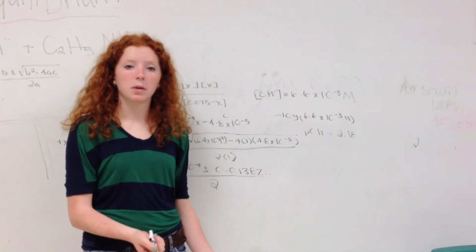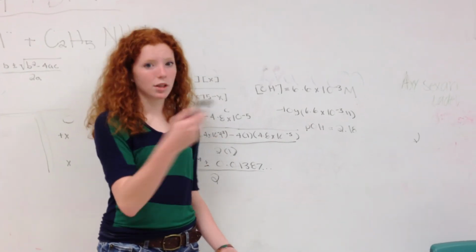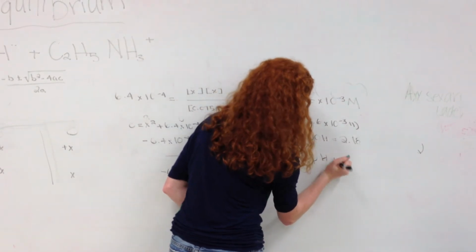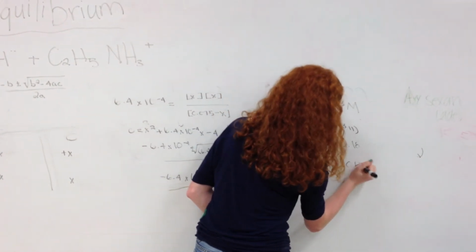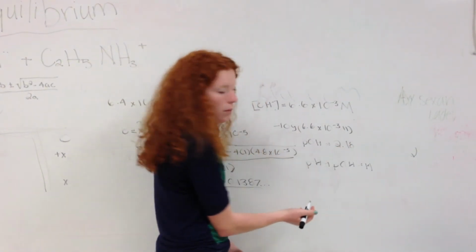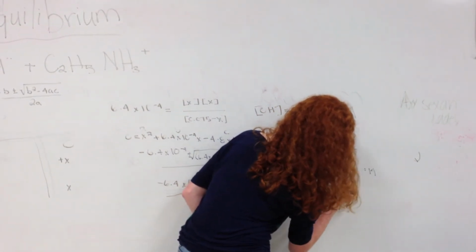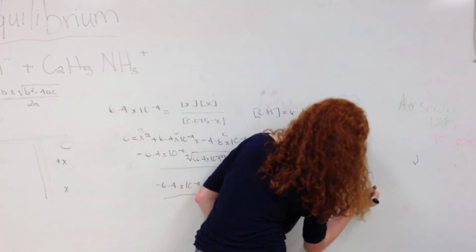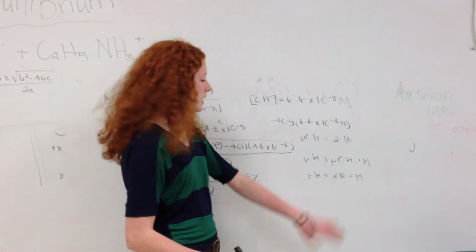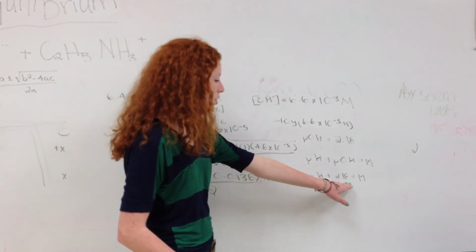There's a relationship between the pOH and the pH. If you know that the scale for pH is 1 to 14, you're going to see that the pH plus the pOH is going to equal 14. So now you can plug in 2.18 for the pOH, and you'll get pH plus 2.18 equals 14, which, because of sig figs, when you count the two numbers after the decimal point, is going to have two sig figs.